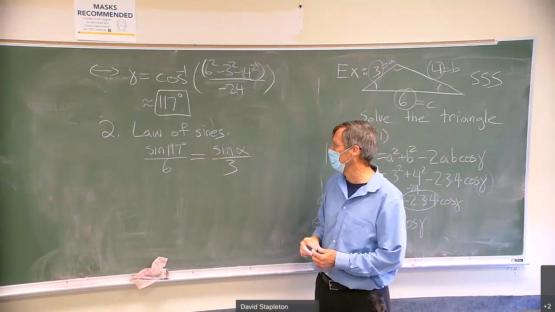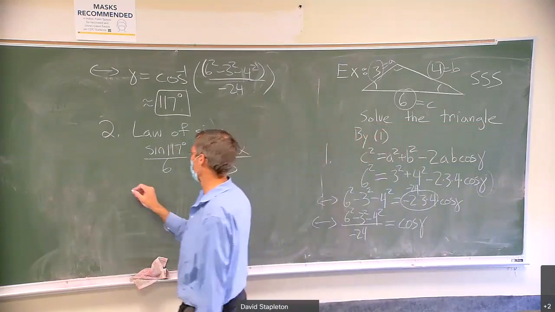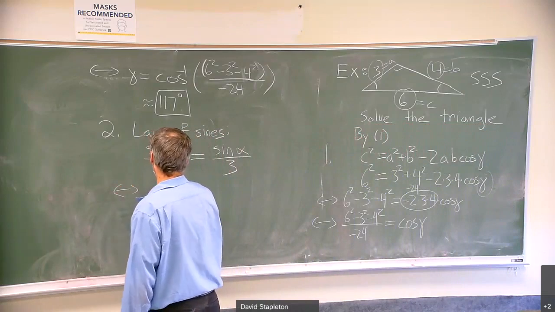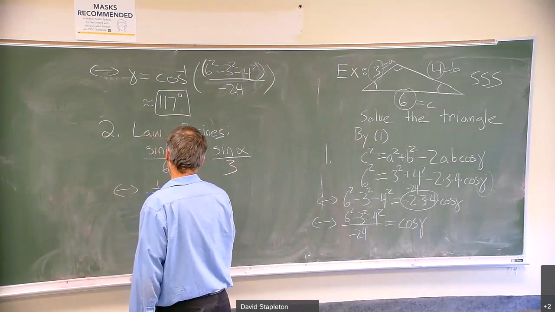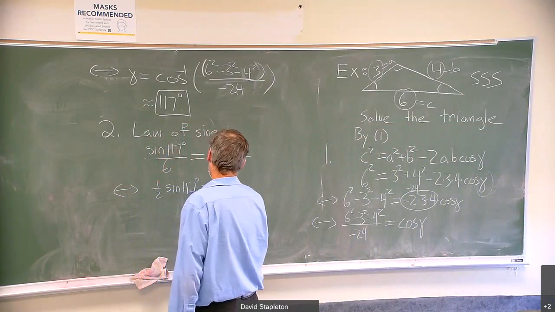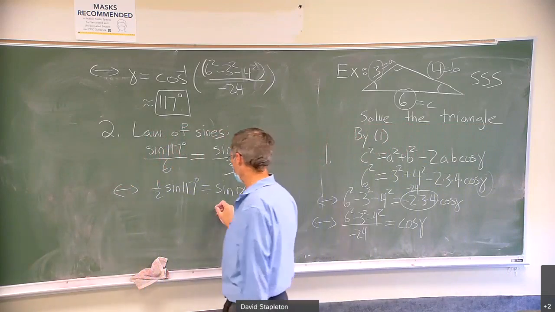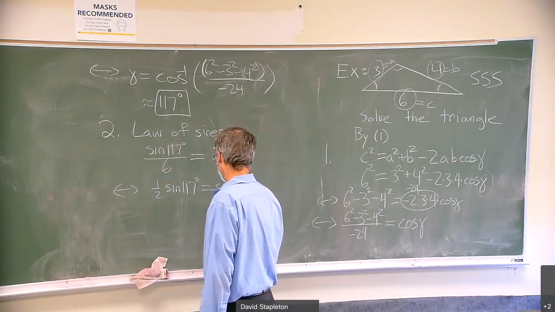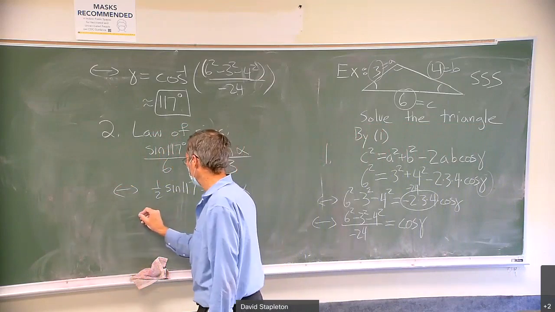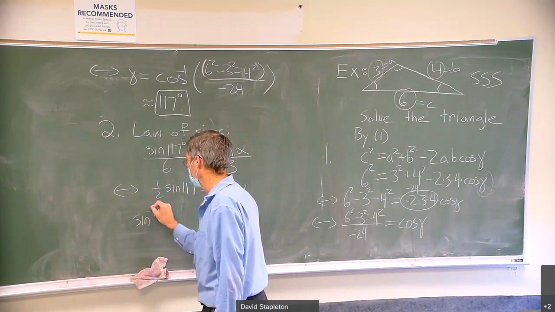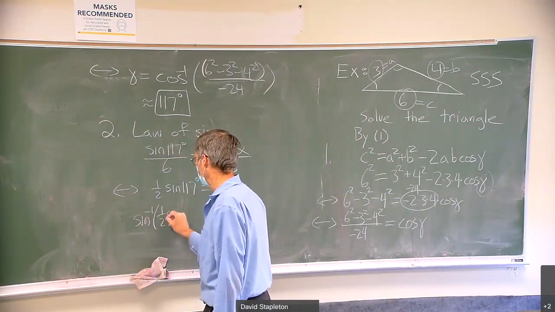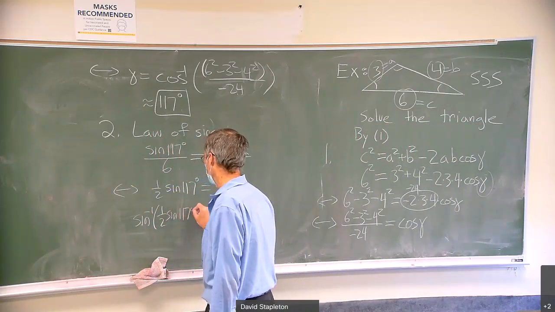Now I can solve for that unknown. I'll multiply by 3, and this is equivalently 1/2 sine 117 degrees equals sine alpha. It follows, taking the inverse sine of both sides, that alpha must be the inverse sine of 1/2 of the sine of 117 degrees.